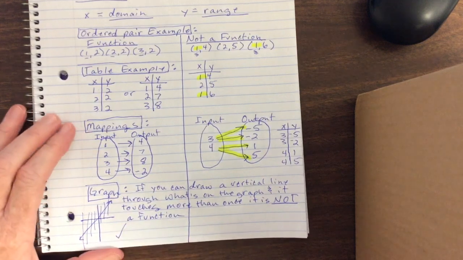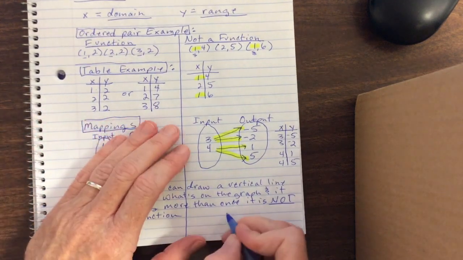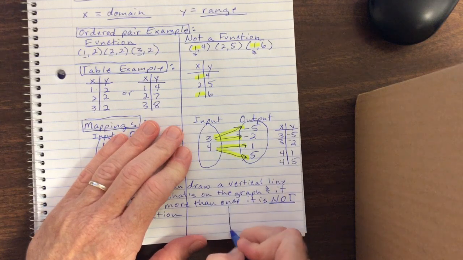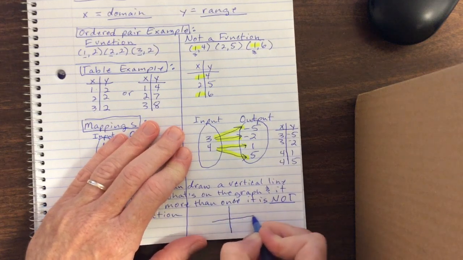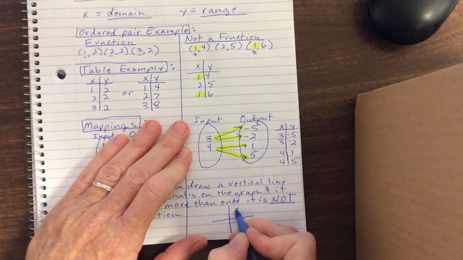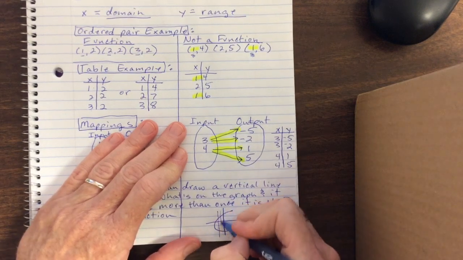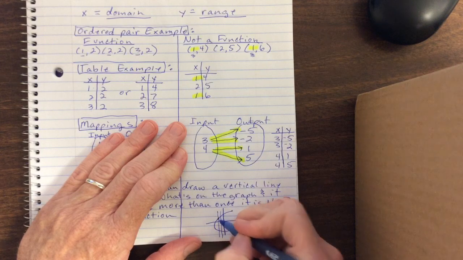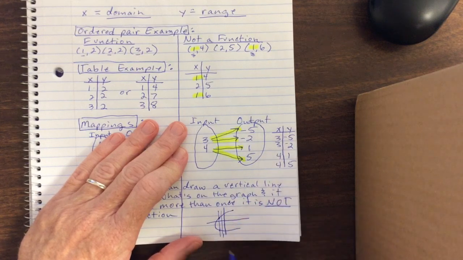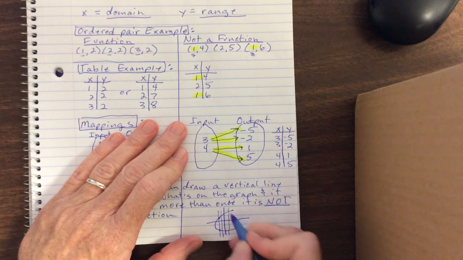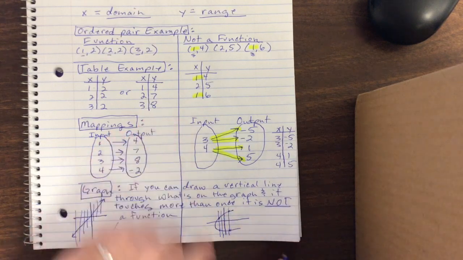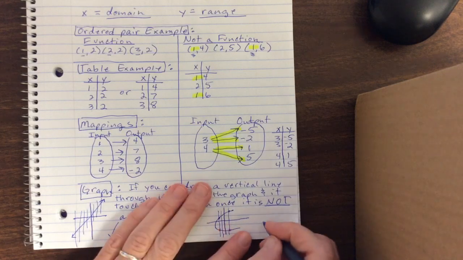That one works. If they give you something like this, and you see something drawn in the shape of this, and you draw your lines, you can see it's hitting more than once. Therefore, this one is not a function.